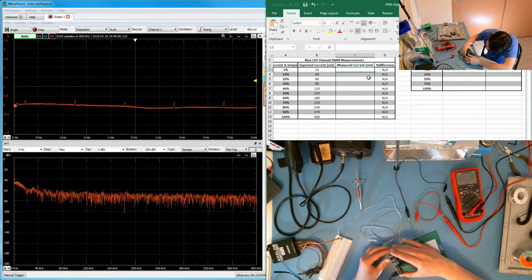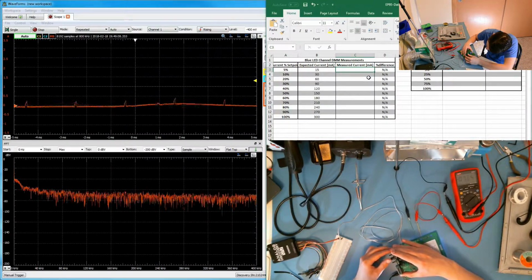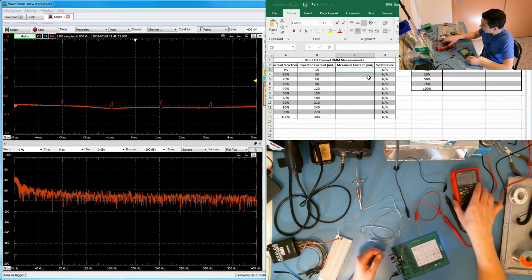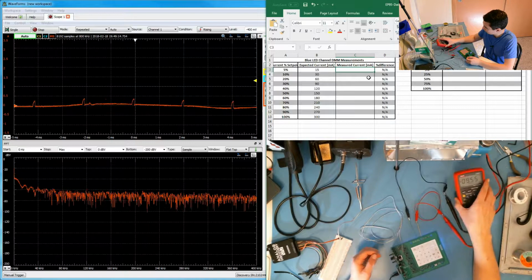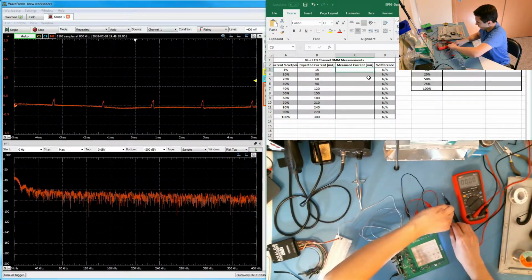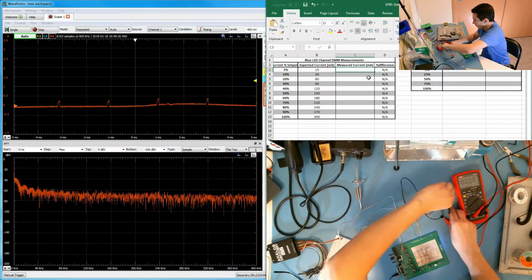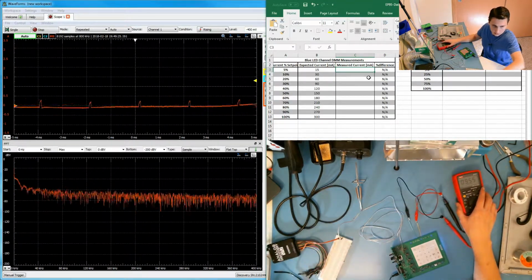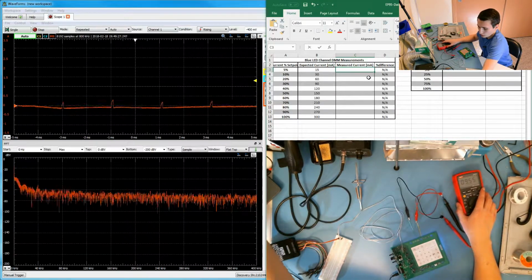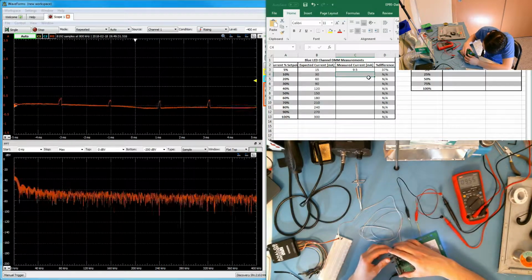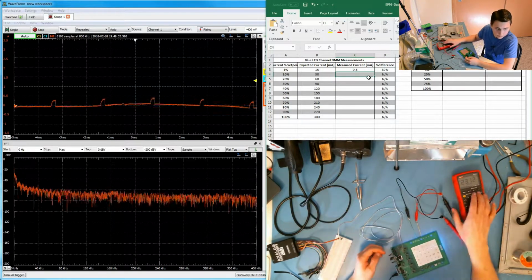So we will set the lamp to 5%. Here I'm measuring, got my current probes backward. Measuring 9.5 milliamps. Okay, let's bump that up to 10%.